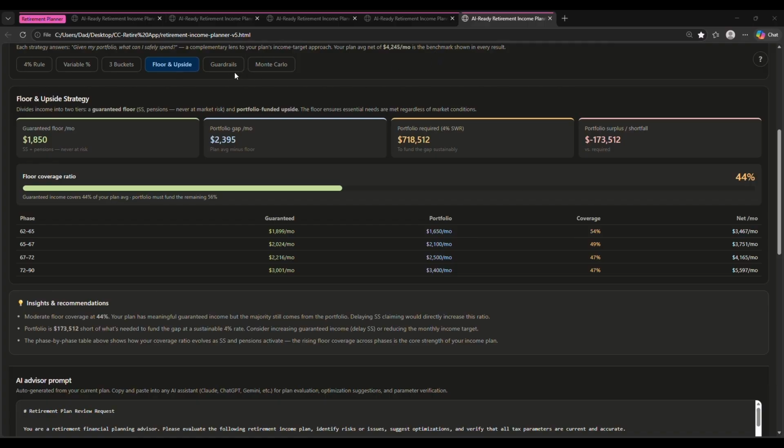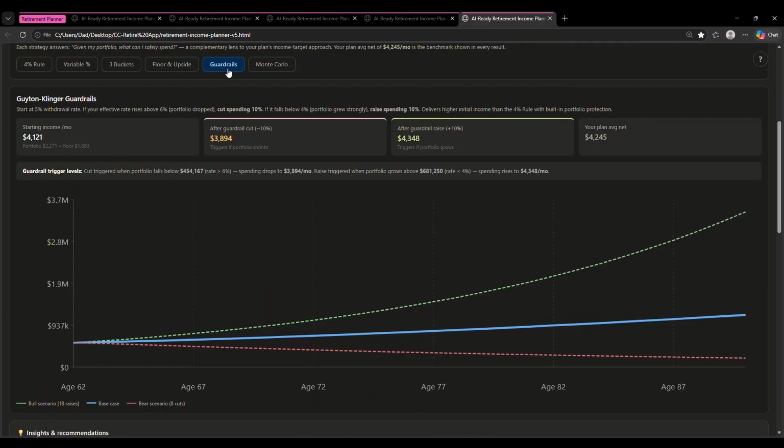So next we'll look at the guardrails area here. Guyton-Klinger guardrails were developed to solve a real problem. The 4% rule often leaves large amounts of unspent money at the end of the retirement plan duration because it's too conservative. But raising the rate increases risk.